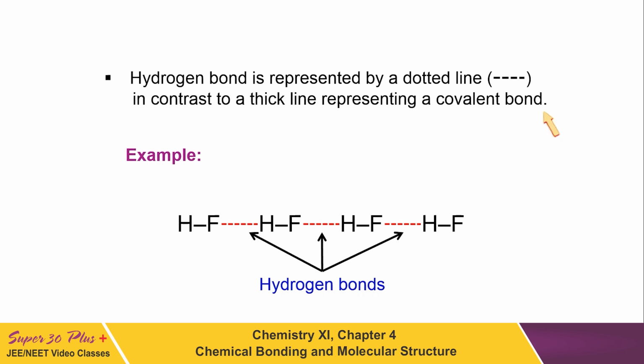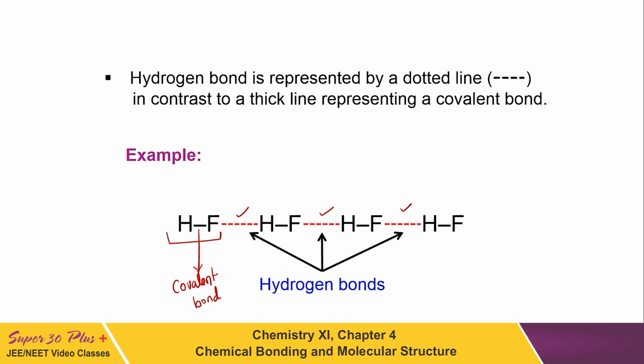Do you know what that means? When we represent a covalent bond, students, see in this HF molecule, this bond is a covalent bond. So we represent a covalent bond with thick lines. But as far as the hydrogen bond is concerned, we represent it with a dotted line like this. So here there is a hydrogen bond between two fluorine atoms.